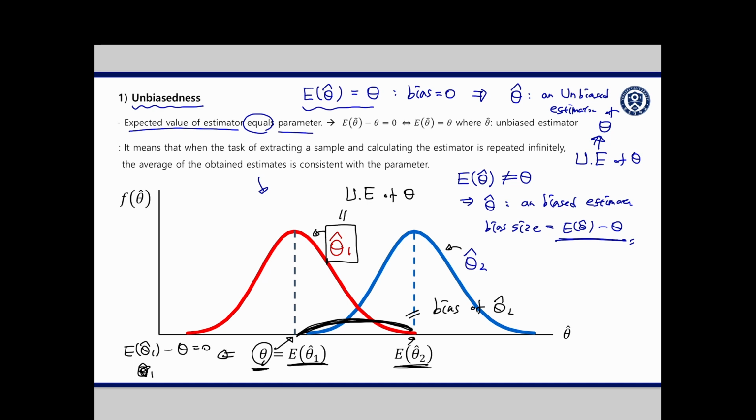So theta hat 2 is a biased estimator. So theta hat 1 is a good estimator, better than theta hat 2 in the bias aspect.